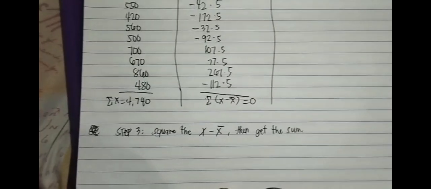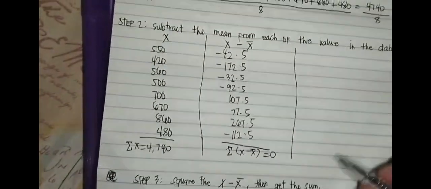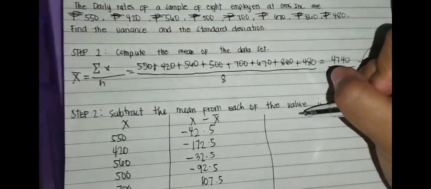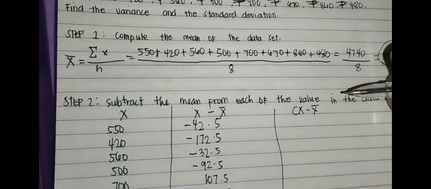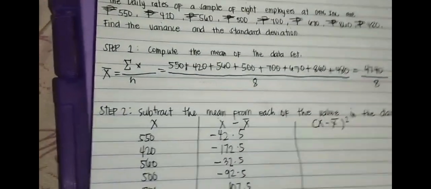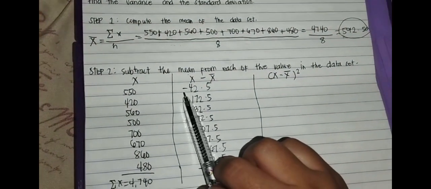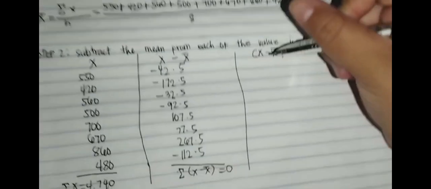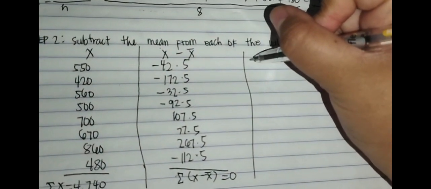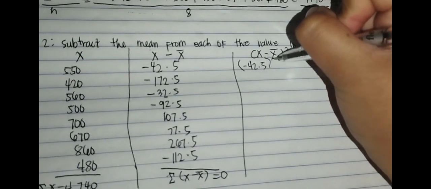So, step 3, square the x minus x-bar, then get the sum. So, dito po natin siya ilalagay. Ang gagawin po ay square. Ang example po ay negative 42.5 squared.